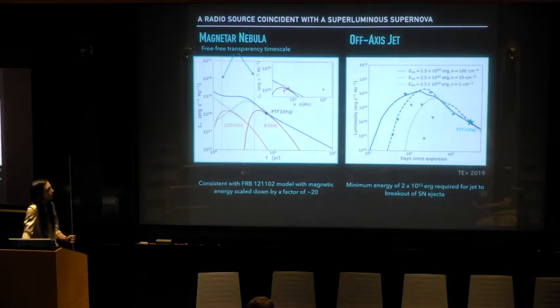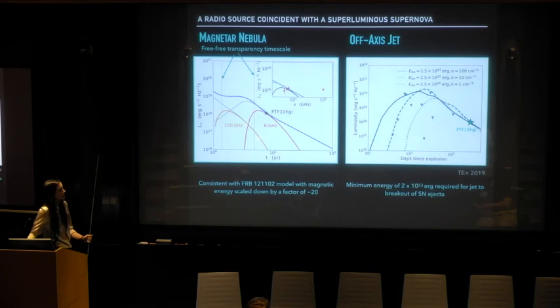And so what we show in our paper is that while a star formation or AGN origin is unlikely, instead what we could be seeing is evidence for a central engine. And of course, this could be due to either a magnetar wind nebula or an off-axis LGRB afterglow. And so here I'm just showing representative models that are consistent with the observed emission, both in terms of the timescale and luminosity.